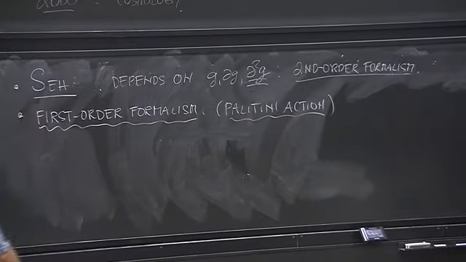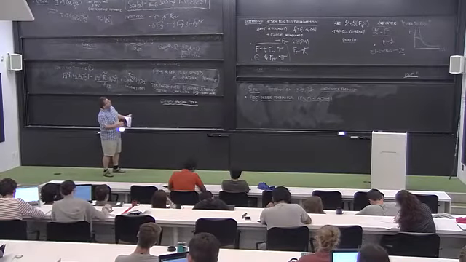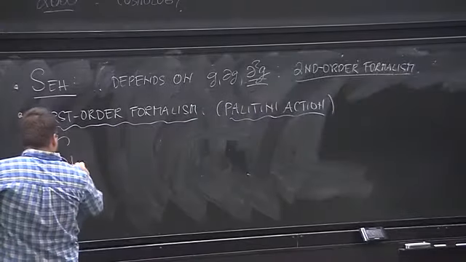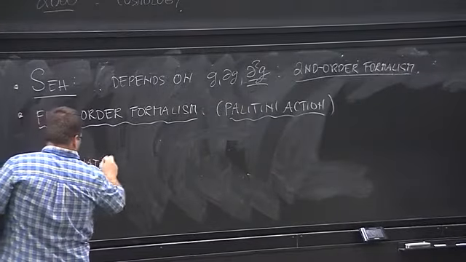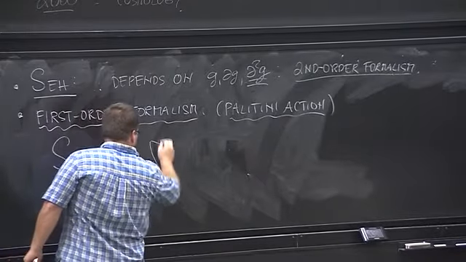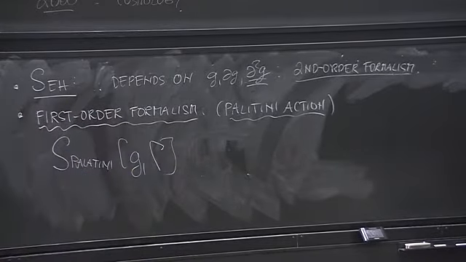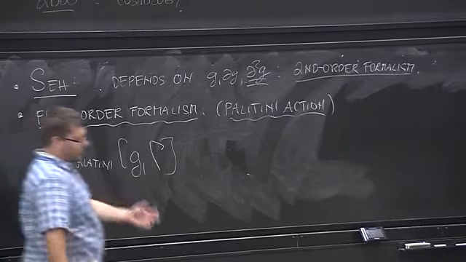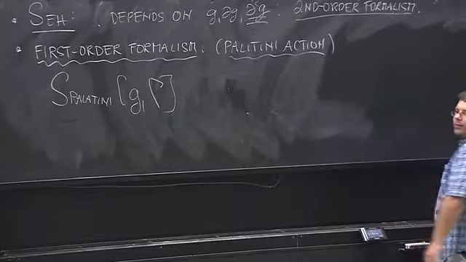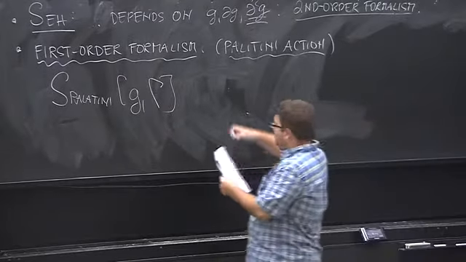Instead of formulating the action as Einstein-Hilbert, a function of g, you have Palatini, which is now a function of 2 fields. You suddenly pull out of your hat a new action where you have 2 independent fields: the metric g and the connection gamma.